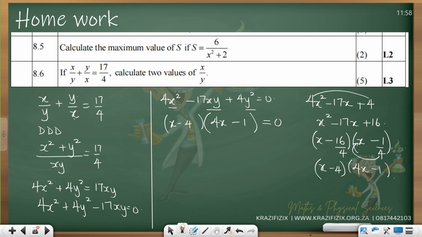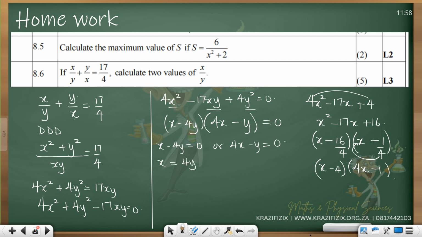Now the problem is saying, but where is the y? Good question. I'm just going to come now and put my y there. And this is 1y, same thing as y. So, x minus 4y equals 0. I will implore you, go back to all the lessons. This was done.